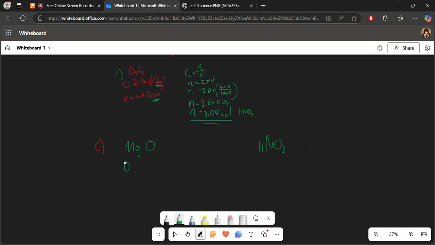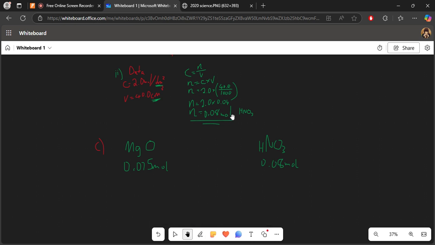We have 0.075 moles of this, and here we have 0.08 moles of this. So from this, what do you think is the limiting reactant? You would be tempted to say magnesium oxide since you're seeing less moles of magnesium oxide. So it makes sense that magnesium oxide would deplete before our nitric acid.